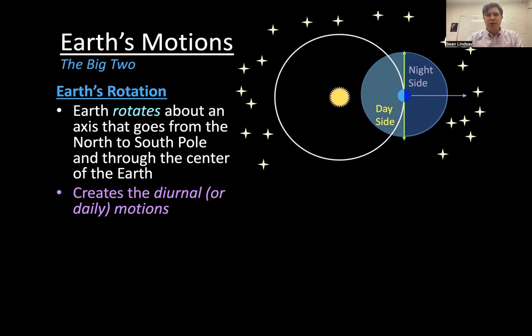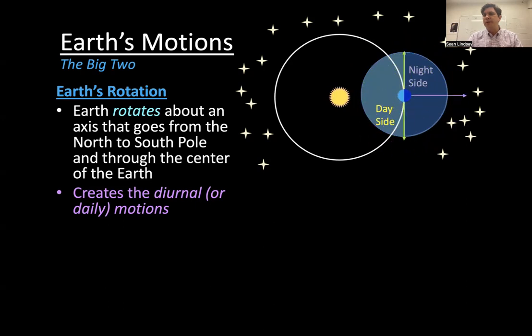So Earth's rotation, whenever we take a look at this, is Earth just spinning around on its rotation axis. This is going to give us our daily motions in the sky, the diurnal motions of the sky, if you want to use a more formal term. So as this Earth rotates around and around, you can imagine yourself here on the Earth.